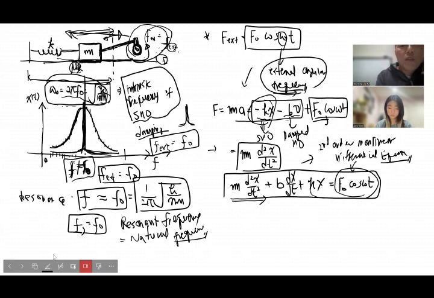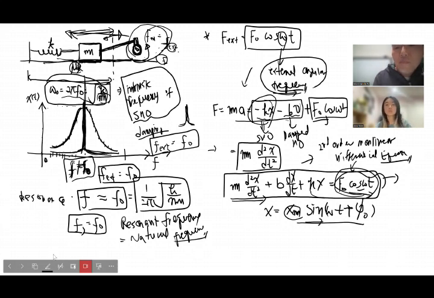So let me give you the solution format, which is x equals x maximum sine of omega t plus phi. So this external driving term changes the phase of the displacement. Because it starts with some amount of displacement, this external force creates the displacement with the sine function.